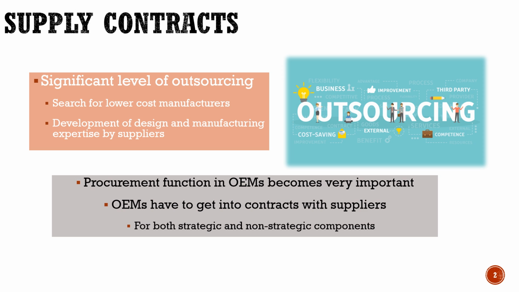Of course, the increased level of outsourcing implies that the procurement function becomes critical for an OEM to remain in control. But what is an OEM? An OEM is an original equipment manufacturer, which is a company that produces components for use in production of a finished item, which is assembled by another company.